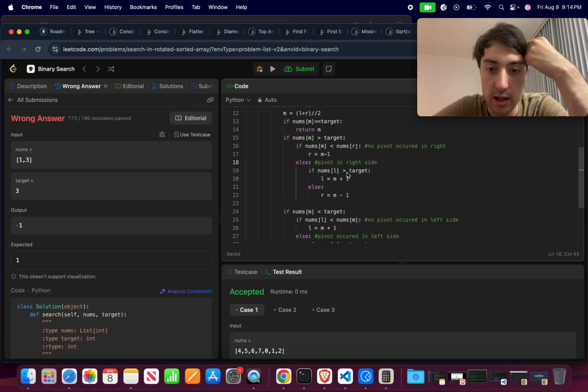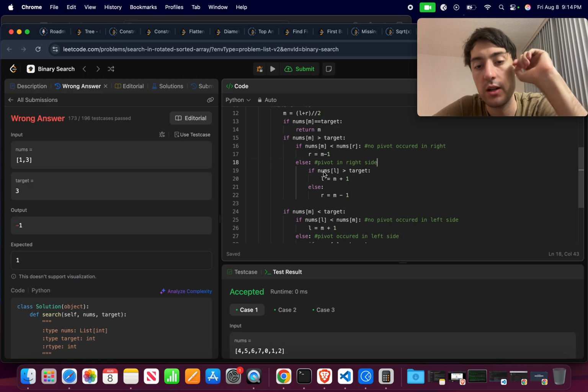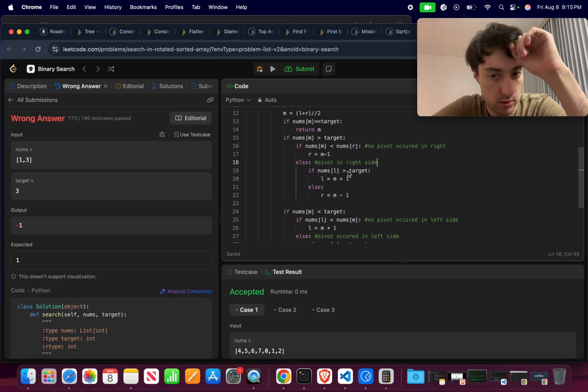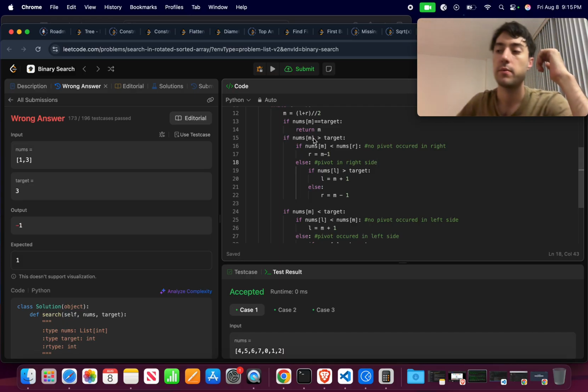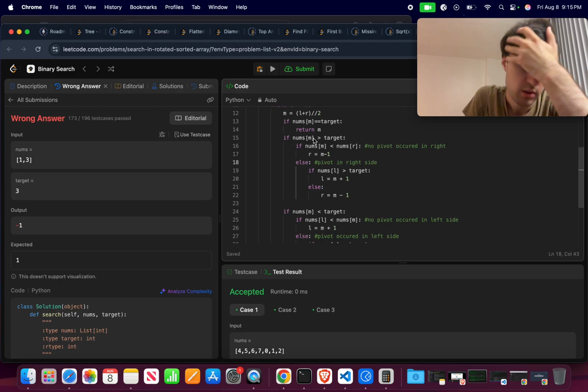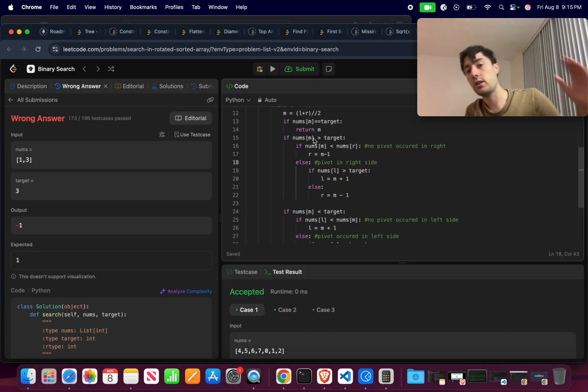So I'm going to say if the left side, smallest number is... so I'm looking for something bigger, and I have my... the left side is ever increasing, and I want something bigger, right?